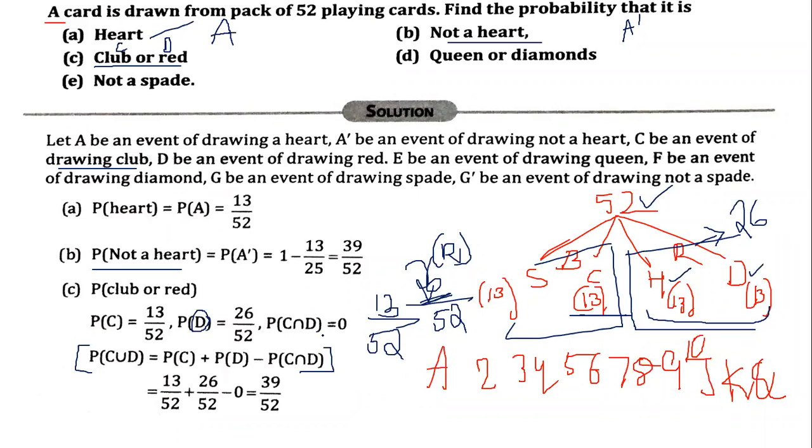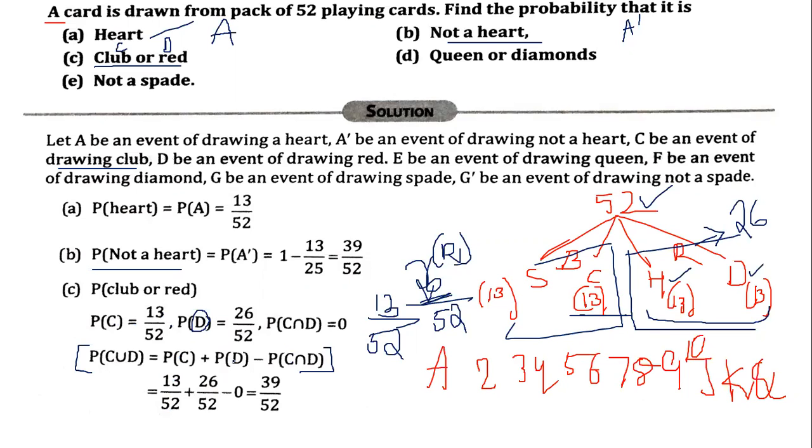Now let us apply this into the formula, that is the probability of C union D is equal to P of C plus P of D minus P of C intersection D. So P of C, the probability of getting a club card, is 13 by 52.